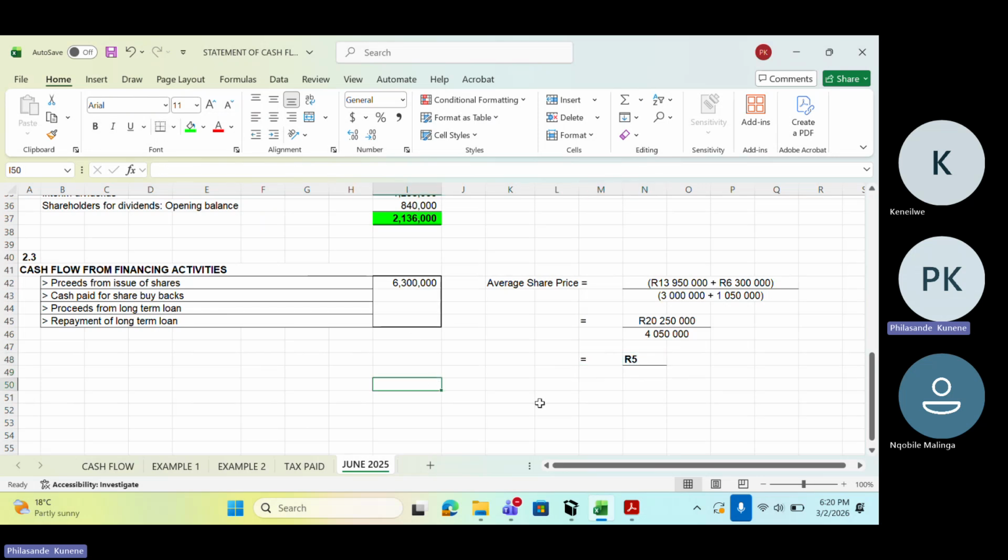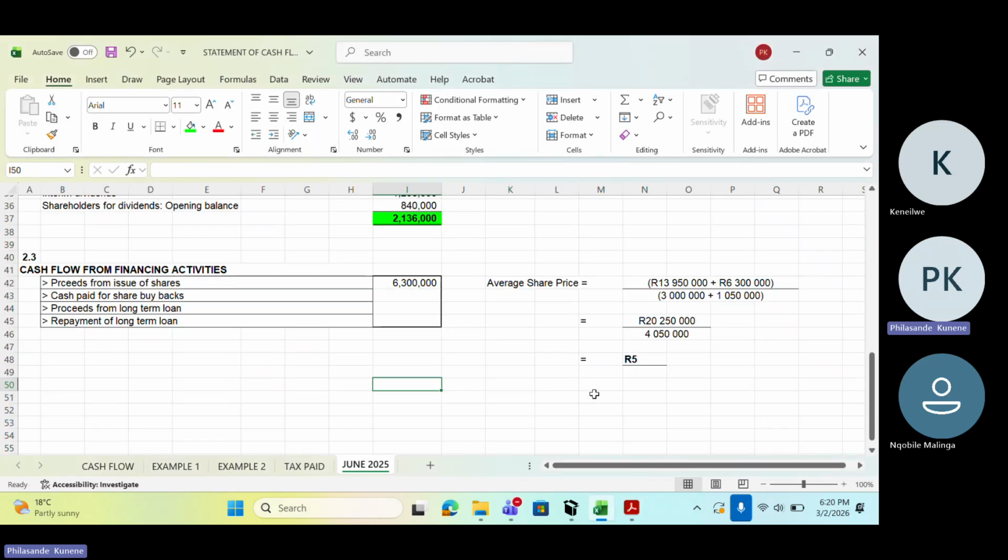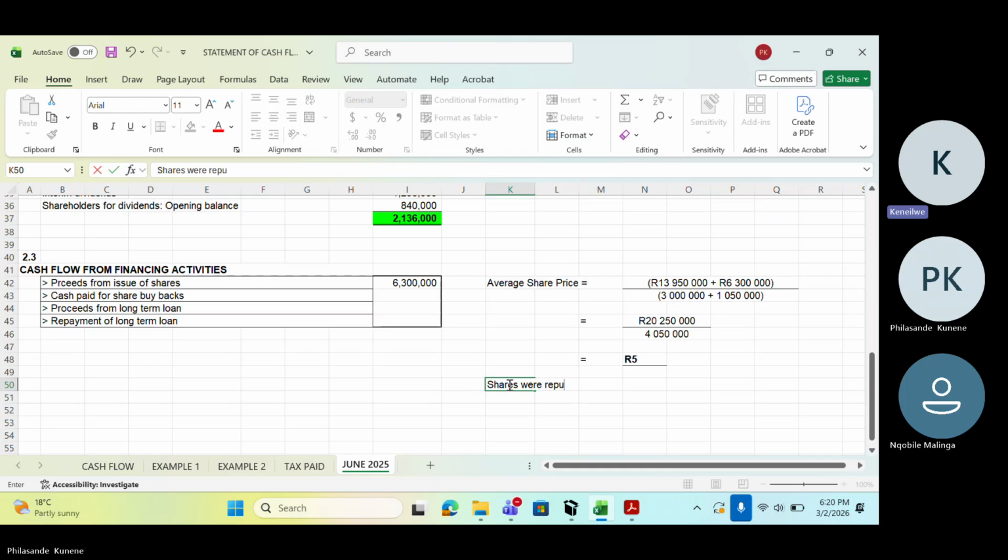So now, if we go back to the transaction, they said 50,000 shares were repurchased for R350 more than the average share price. So how much did we buy the shares back for? Which means shares were repurchased at how much? R8.50.